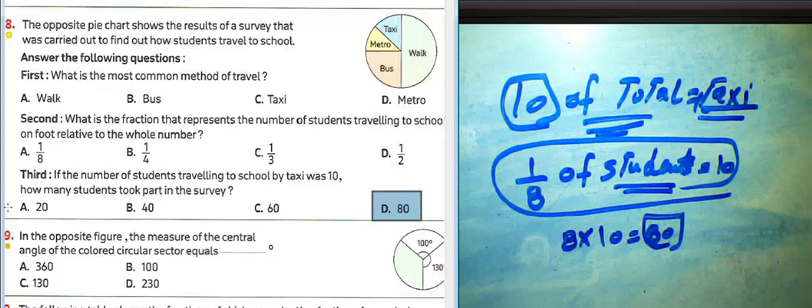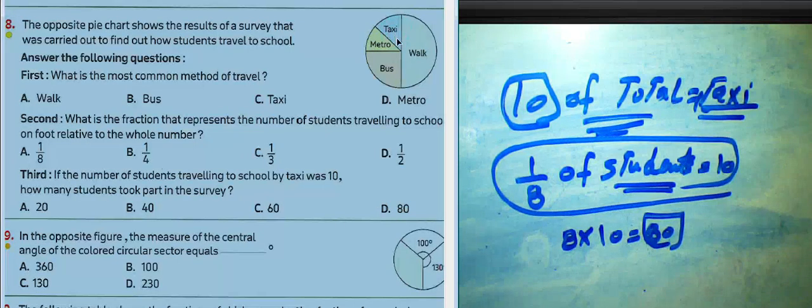I will explain it again. Okay, 80 was the total students. Why? Because the students who use taxi are 1 over 8 of the circle.